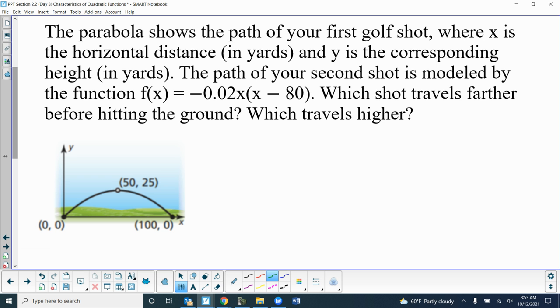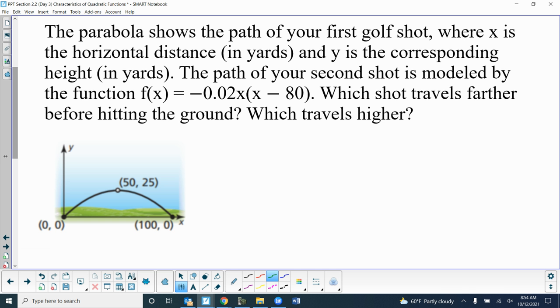At 50 yards away, it was 25 yards high. That's our vertex of our parabola, right? It says the path of your second shot is modeled by this function: negative 0.02x times x minus 80. Which shot travels farther before hitting the ground? Which travels higher?